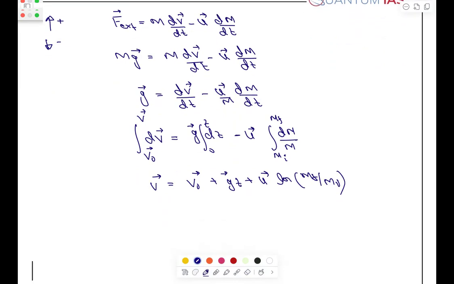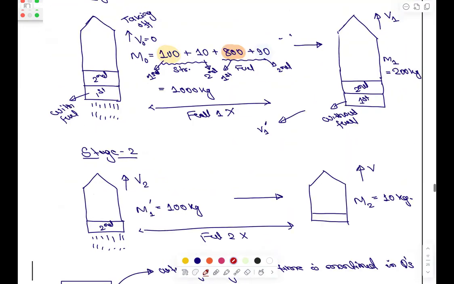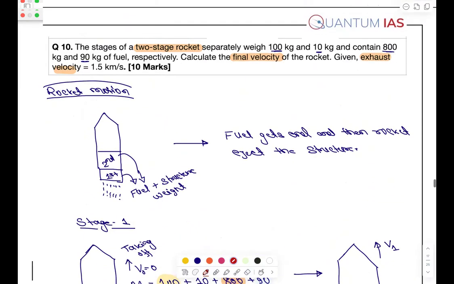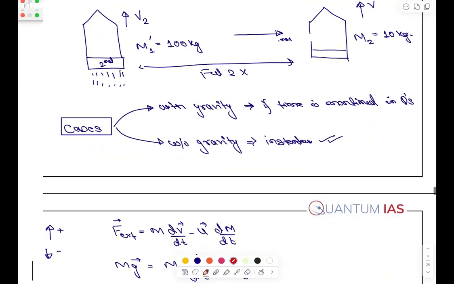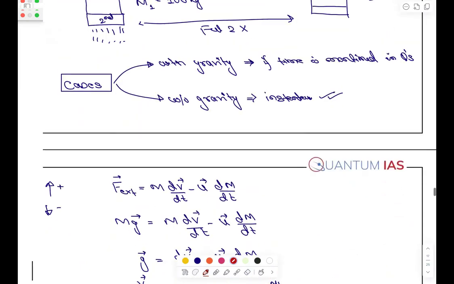Now you need to understand what all are 0. V 0, याद करो, take off 0, and this thing is 0. Why? Because we are doing instantaneous analysis. Otherwise you have to calculate the time also, right? That will become very tedious, and that is not the case here. So in rocket motion you have to understand when you have to take the gravity case or when you have not to. It's just upon whether time is mentioned or not.